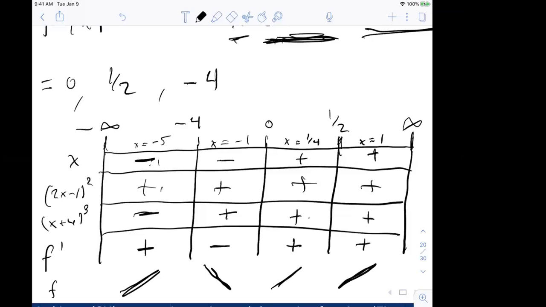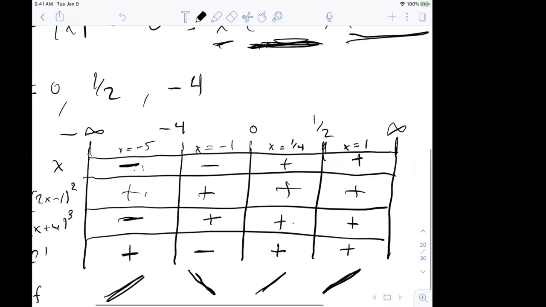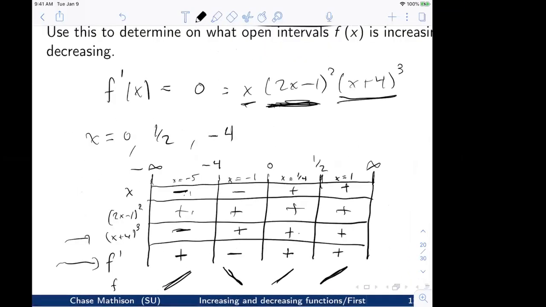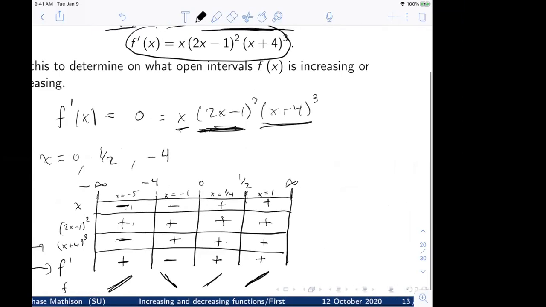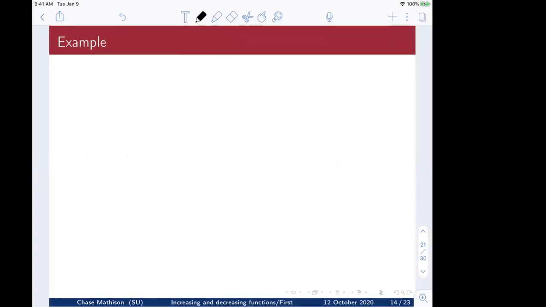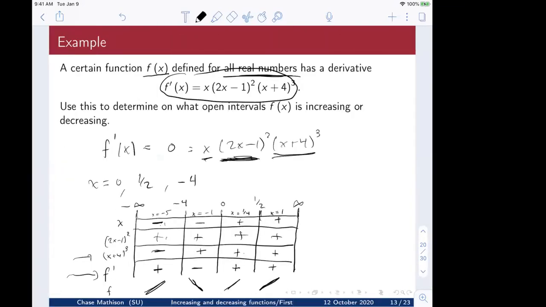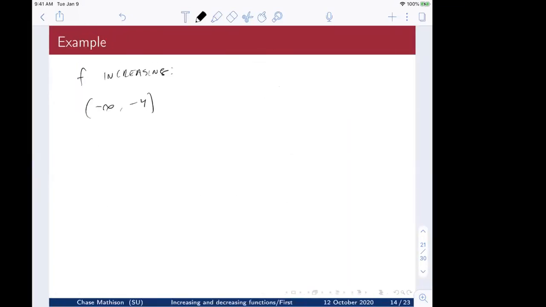So f is increasing between minus infinity and -4. Where else? Union 0 to infinity.